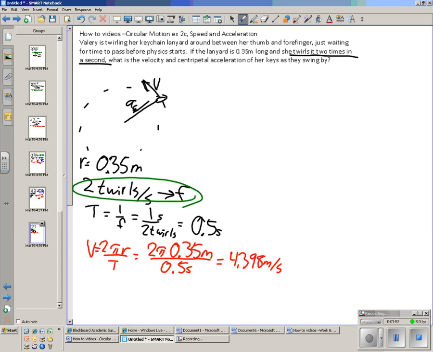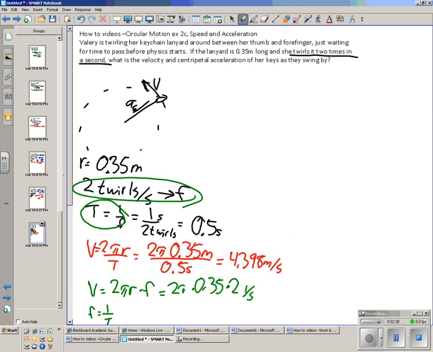Now, an interesting thing, if we had kept it as a frequency, we could have still solved this problem. We could have said velocity is 2 pi r times the frequency, because frequency and period are related that way. So frequency is just 1 over the period. So that would actually work out just fine if I were to plug in 2 pi times 0.35 times 2 twirls per second.